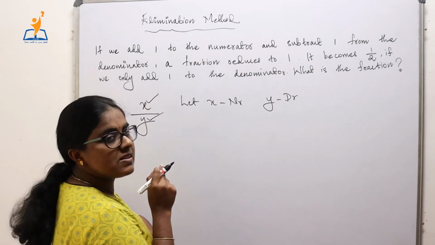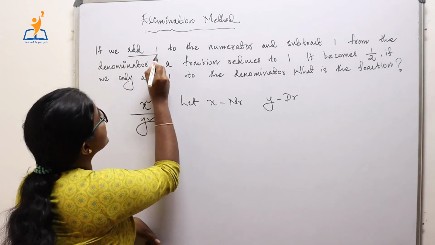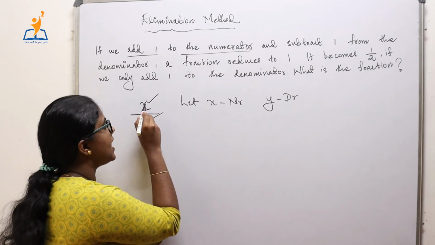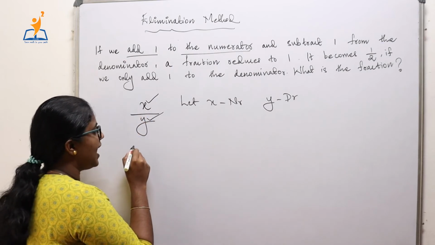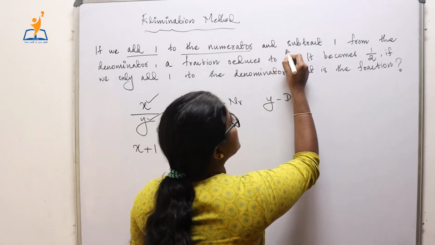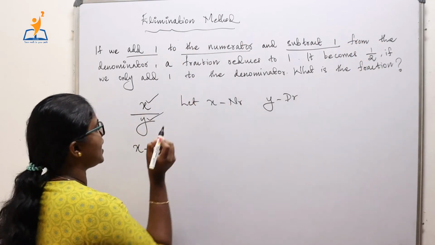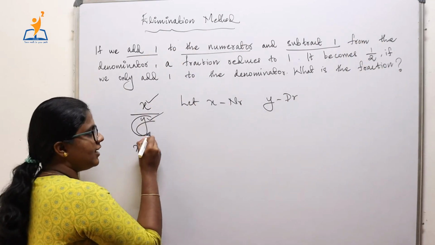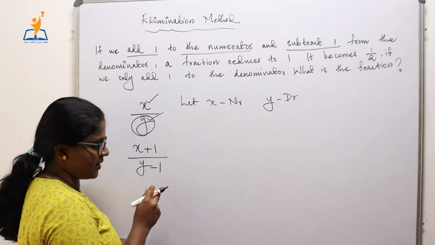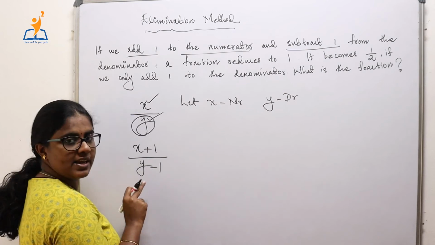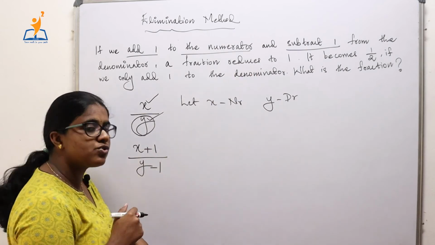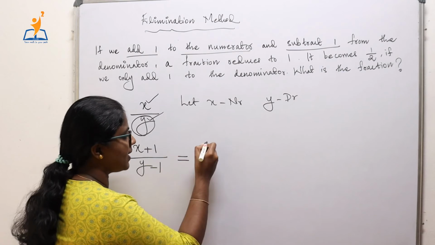Now, the conditions given are, if we add 1 to the numerator, we know that the numerator is x we have taken, and if 1 is added to the numerator and we subtract 1 from the denominator, that is y minus 1, then the fraction reduces to 1, that is the fraction will become 1.